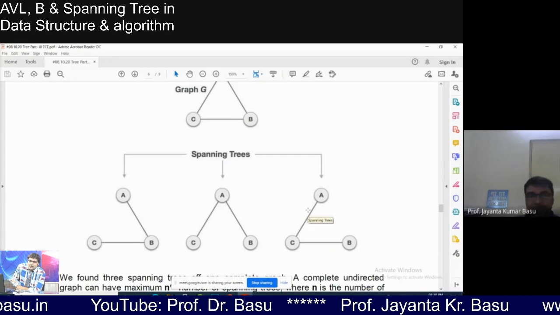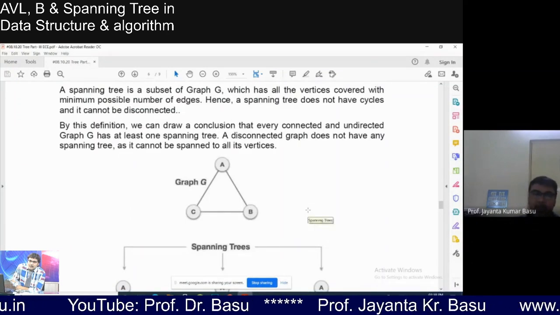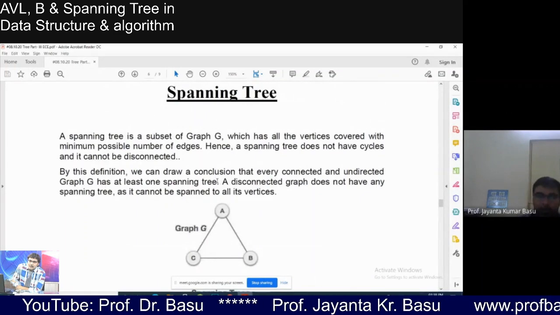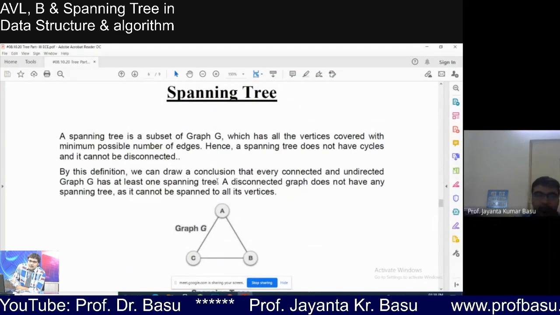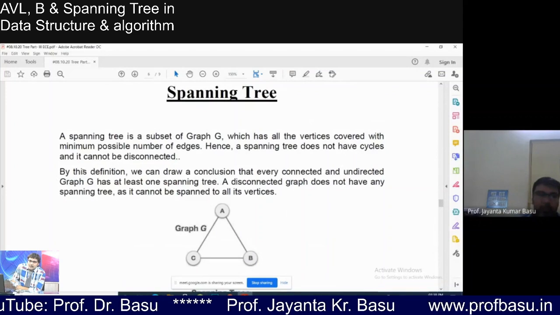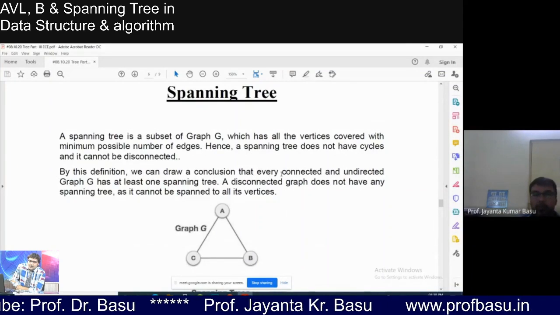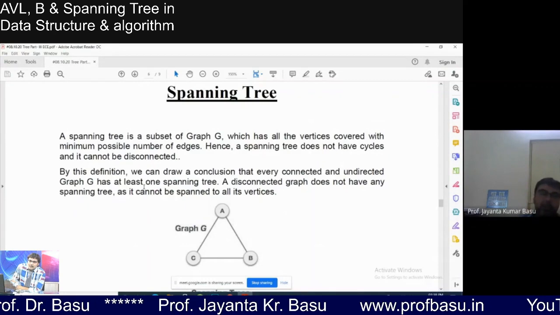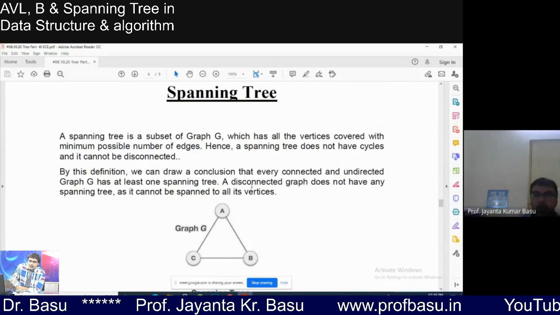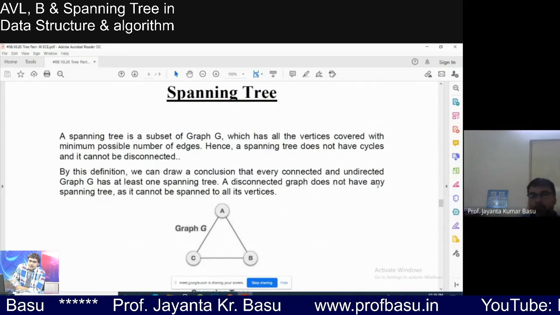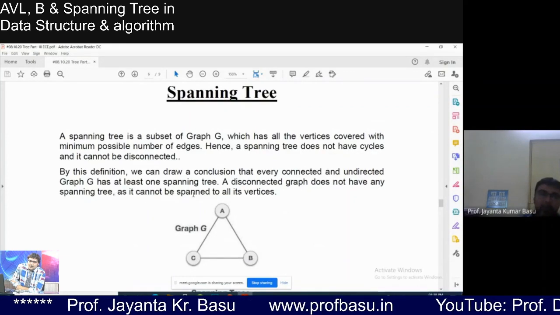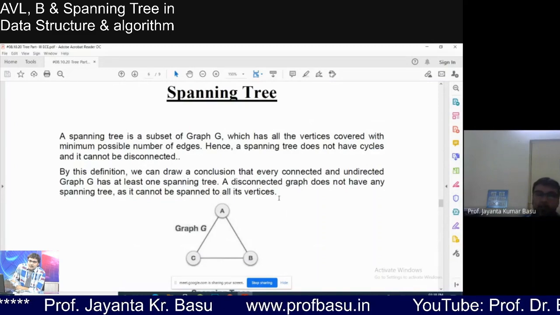Got it? So a spanning tree is a graph where the nodes will be connected, but it will not form a cycle. By this definition, we can draw a conclusion that every connected and undirected graph G has at least one spanning tree. A disconnected graph does not have any spanning tree as it cannot be spanned to all its vertices.